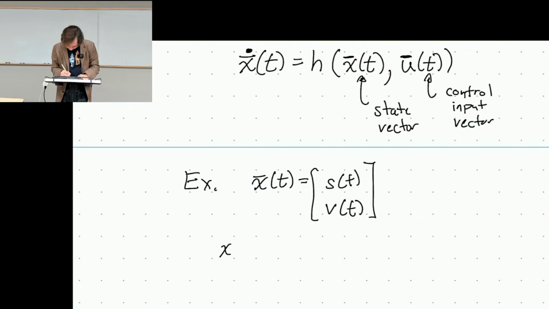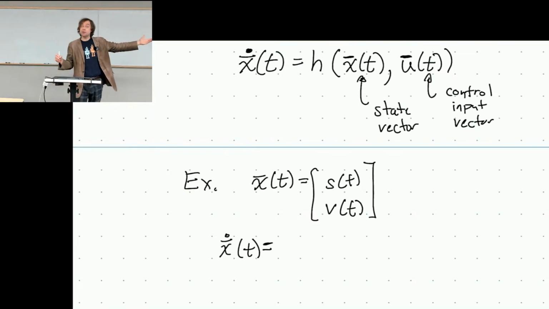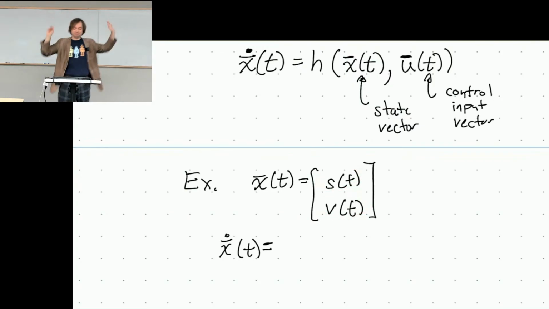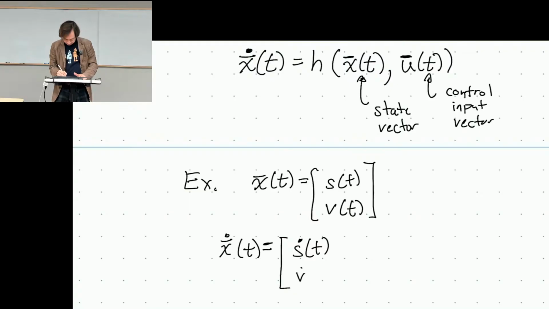Therefore, x bar dot of t, that dot is the time derivative of x. If you want to take the time derivative of a vector, it's actually really easy. Just take the time derivative of everything inside. That easy. S dot of t, v dot of t. That's great.